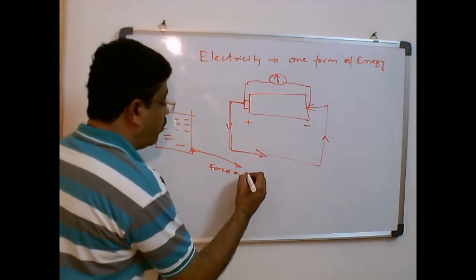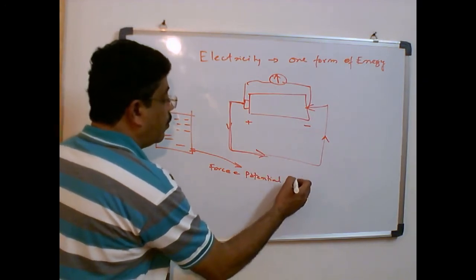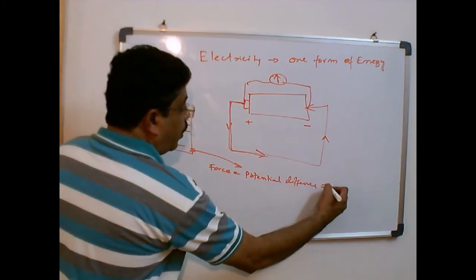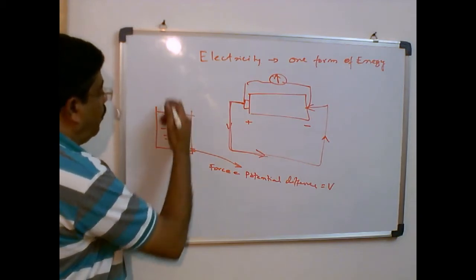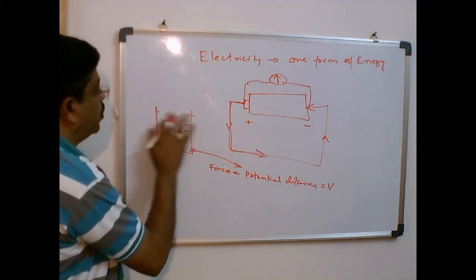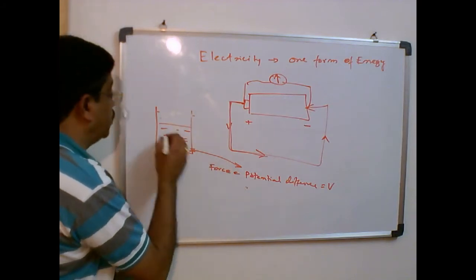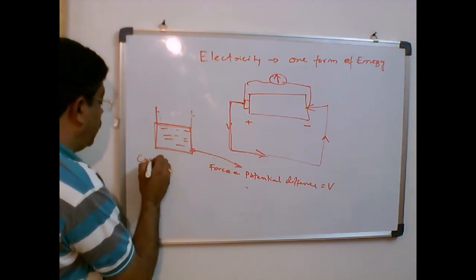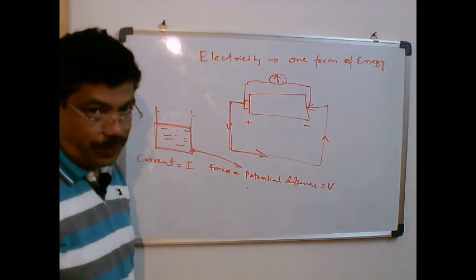This force is nothing but the potential difference, which we call V. Suppose this water level has reduced to some lower level, then automatically this force will also reduce. The amount of water that is inside is known as the current, which we call I.